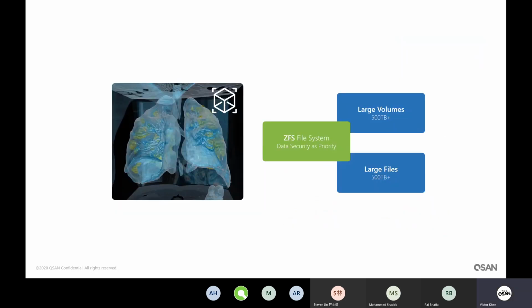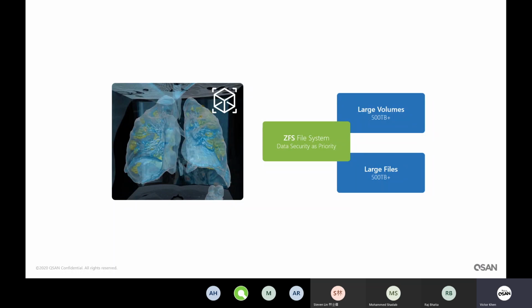Another big feature is the ability to work with larger volumes and larger files. As we know, the PACS now generates files of over 1 terabyte. So in this case, it is very important to have much larger volumes and much larger files support.